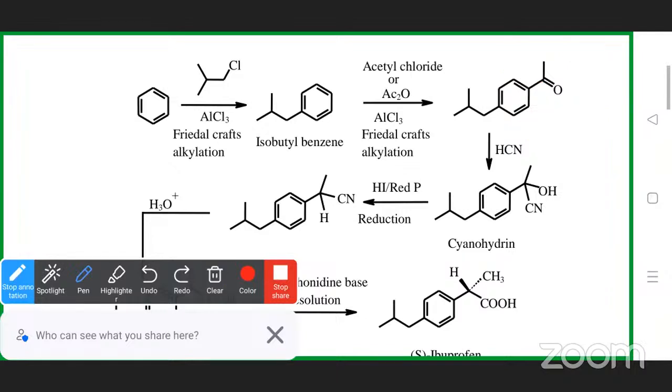This cyanohydrin further undergoes reduction in the presence of hydrogen iodide and red phosphorus, so dehydration, simply you can say the reduction. Here the cyanohydrin is undergoing the reduction, and we are getting this particular methyl cyanide-like derivative.